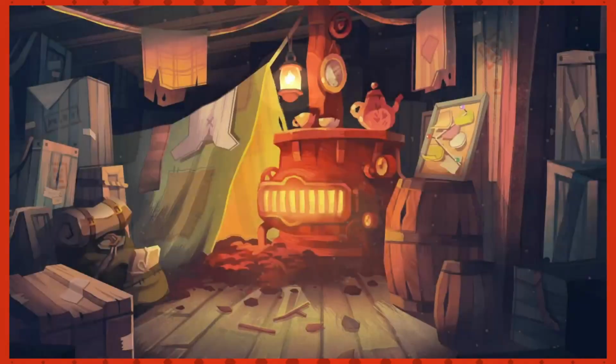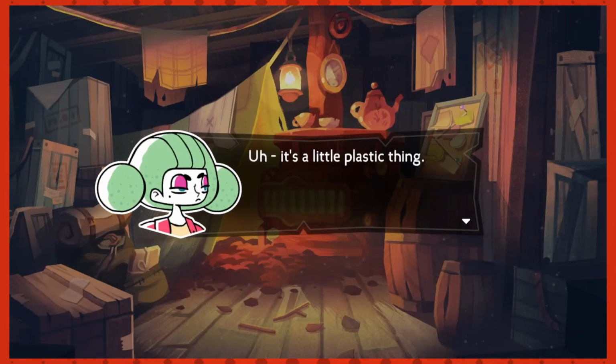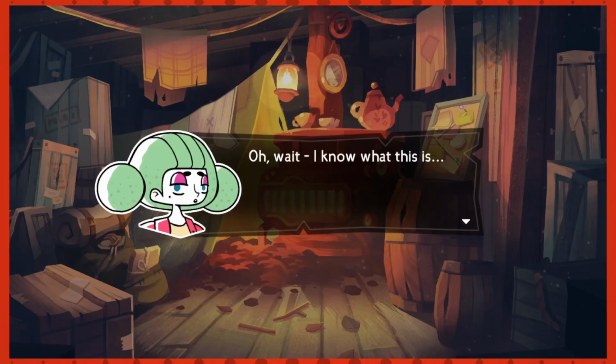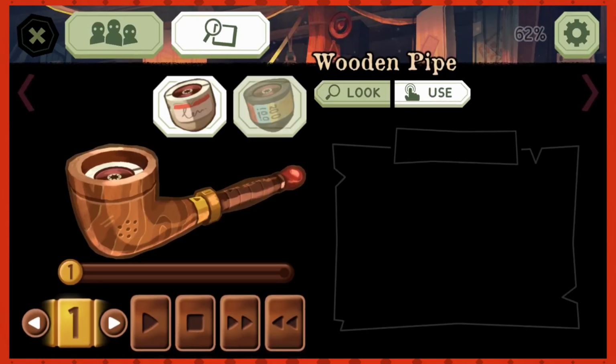Good job. It opened. What's in there? It's a little plastic thing. Oh, wait, I know what this is. It's a tape from Mariana's dictaphone. Oh, shit. There we go. Put it in. Put it in. We gotta hear it. Put it in.